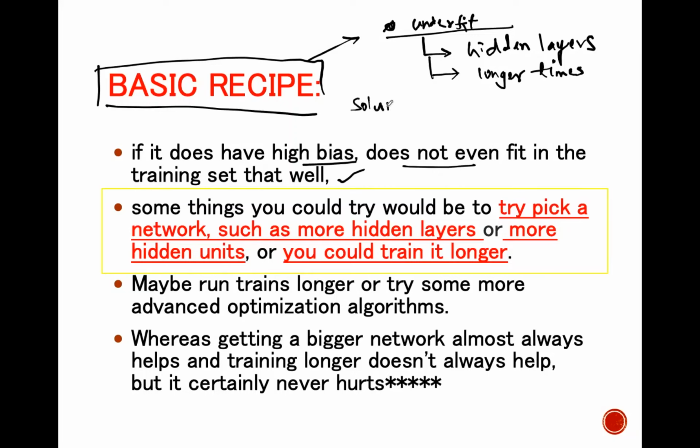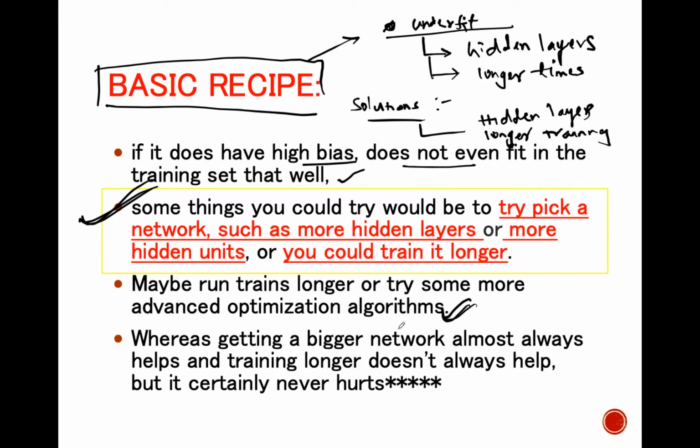Write down your notes. Solutions for underfit: one is more hidden layers and longer training. This is the basic fundamental. Maybe run the training for longer or try advanced optimization algorithms, such as gradient descent, some different approaches.